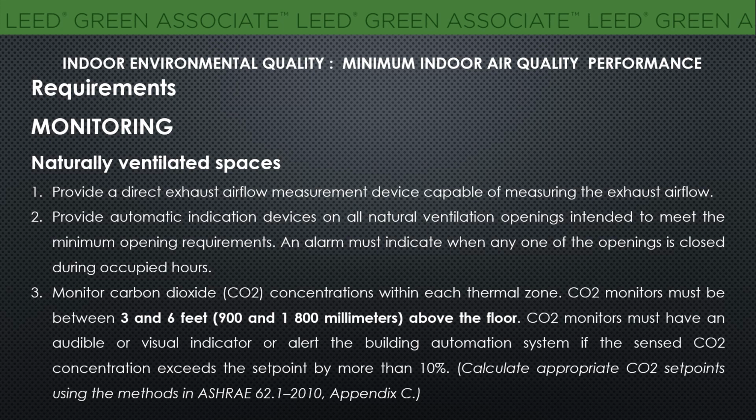The set point is calculated using the methods in ASHRAE 62.1-2010 Appendix A. So for almost all these standards in indoor environmental quality, we need to refer to ASHRAE 62.1-2010.